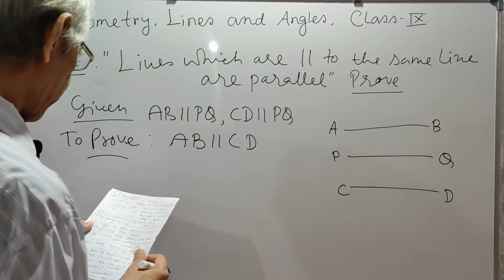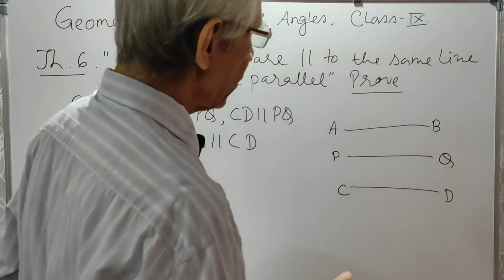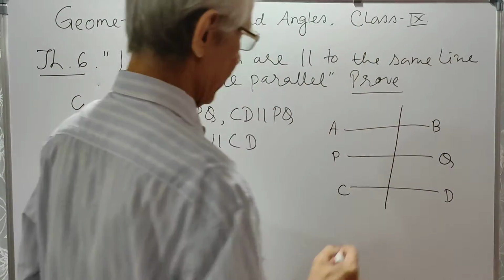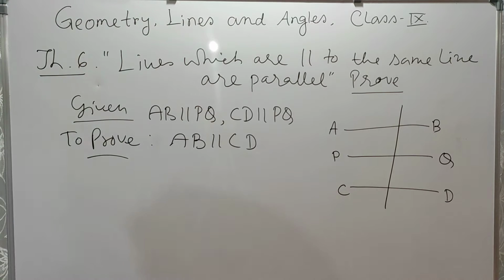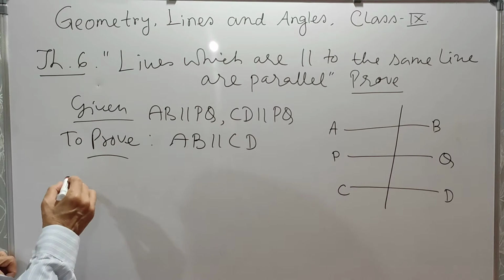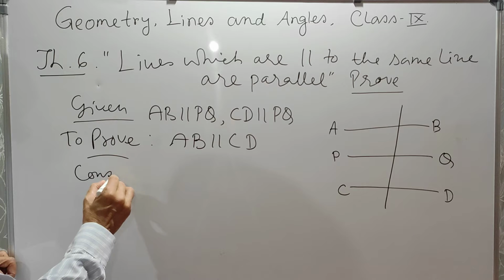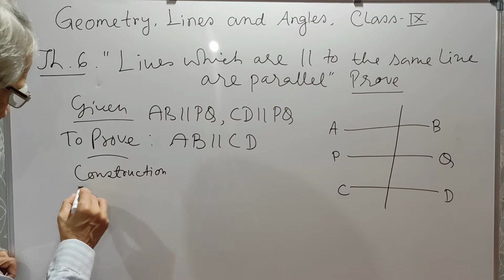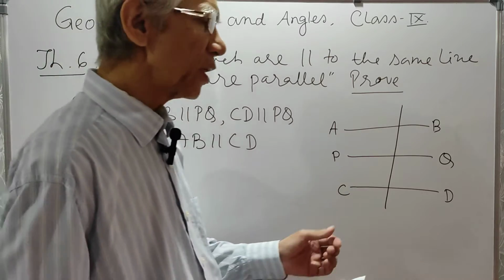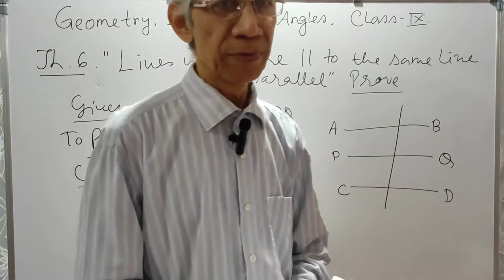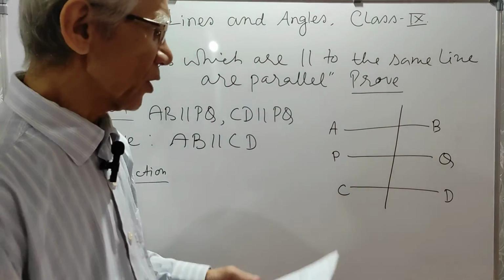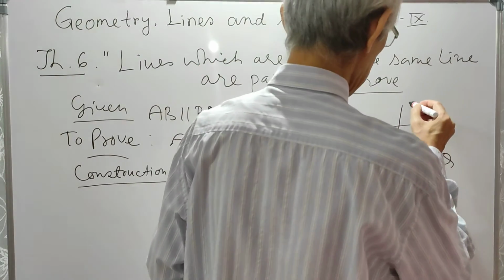Now we draw a transversal. So this you can say construction. So in some questions you have to do some construction to help you give the proof. So this is one example where we are doing this construction. Suppose LM.